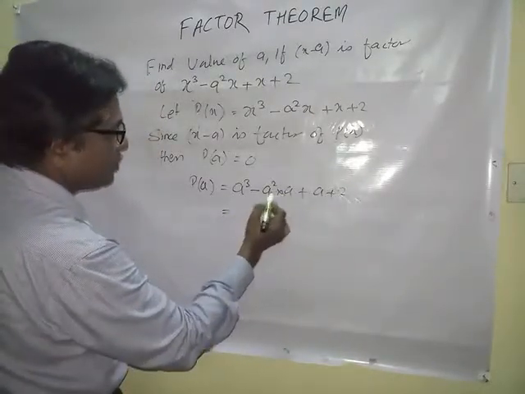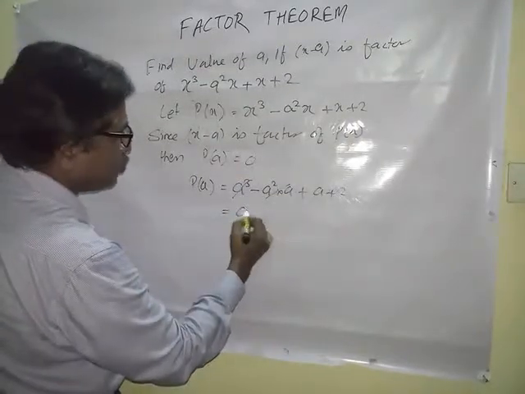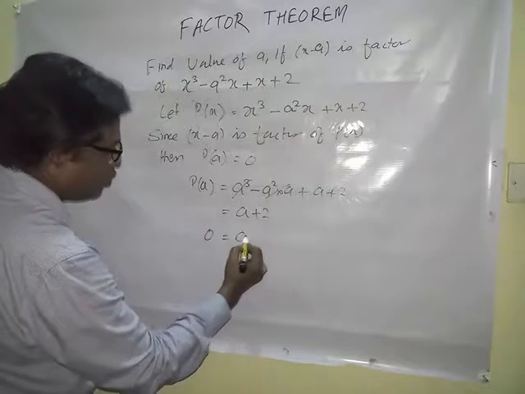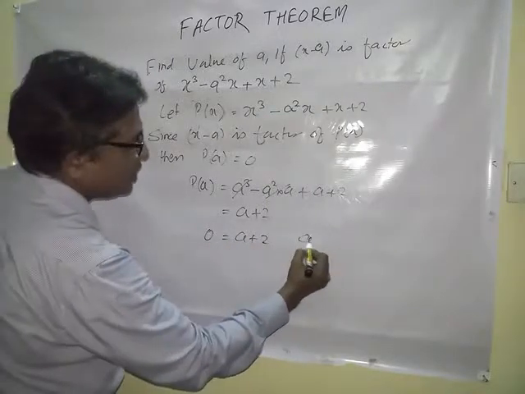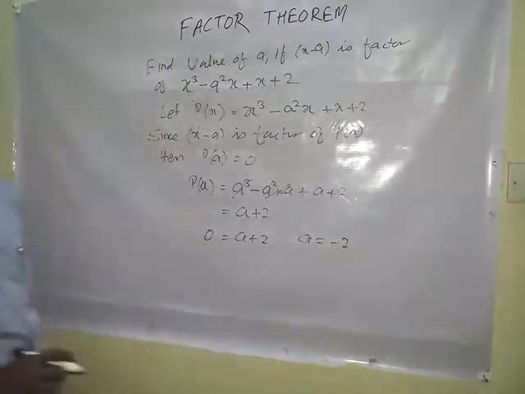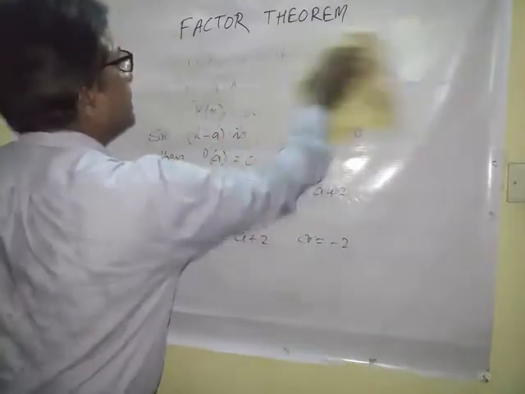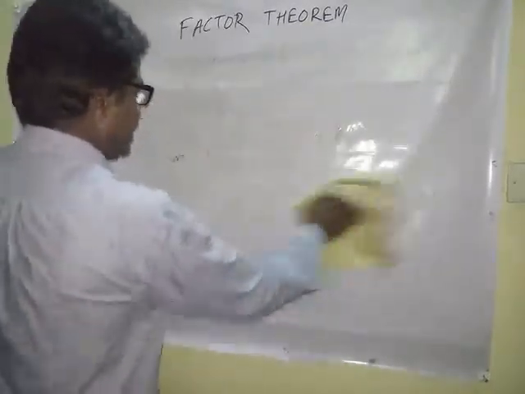So a cube cancels, leaving a plus 2, and equate it to 0. So a is equal to minus 2. So remember the basics, that is how you have to do it. Let us see another example.